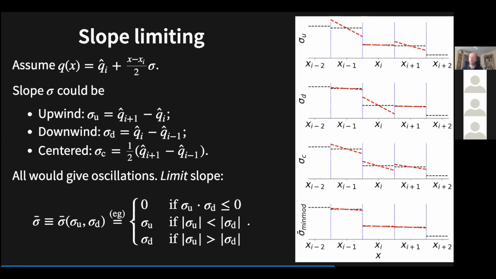So if we combine min-mod reconstruction with the computation of the intercell flux through, for example, HLLE, and a higher order ordinary differential equation solver, then we can solve any of our equations to better than first order.